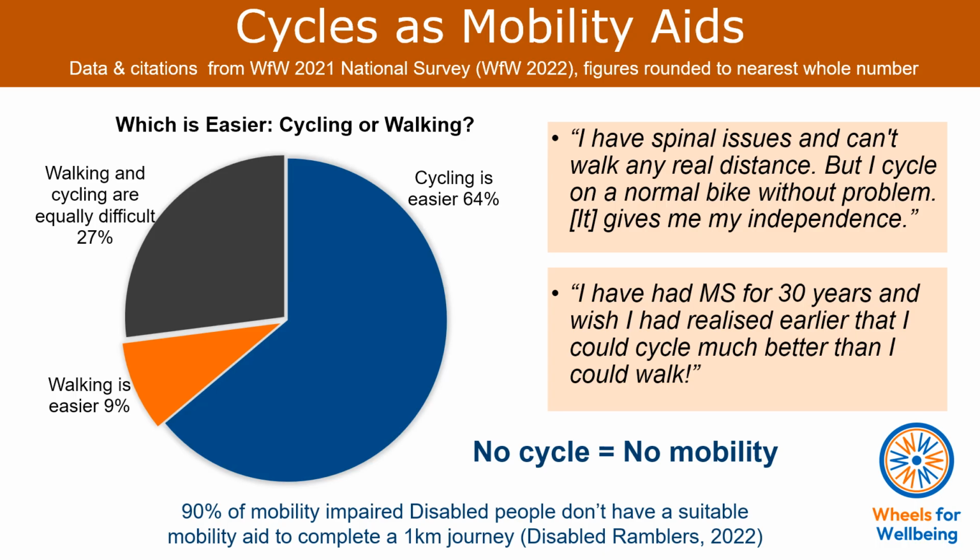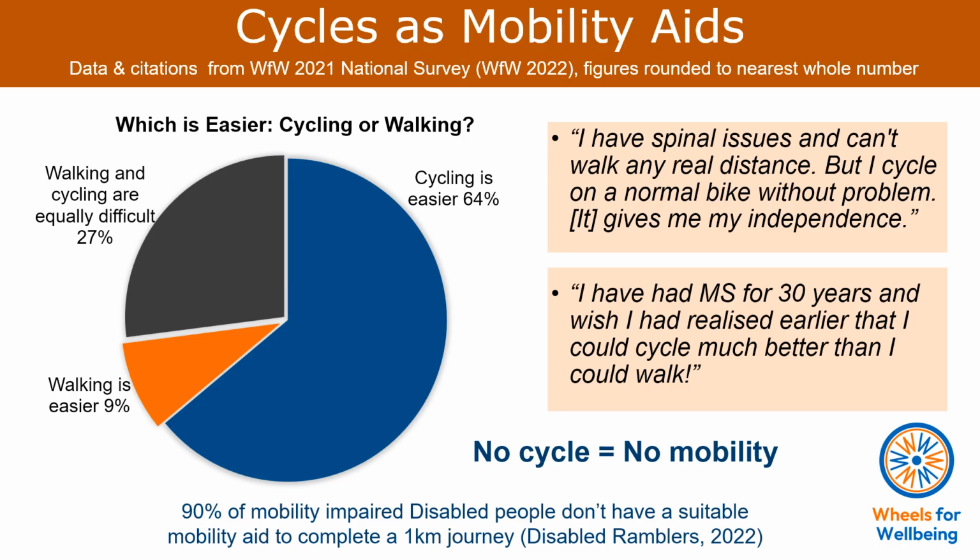So we have two quotes on the screen from our survey respondents expressing how essential cycling is for their mobility. The first one says, "I have spinal issues and can't walk any real distance, but I cycle on a normal bike without a problem. It gives me my independence."